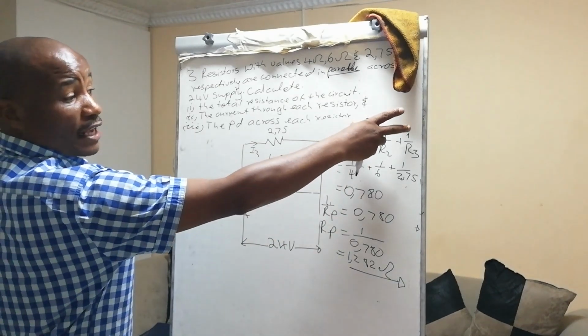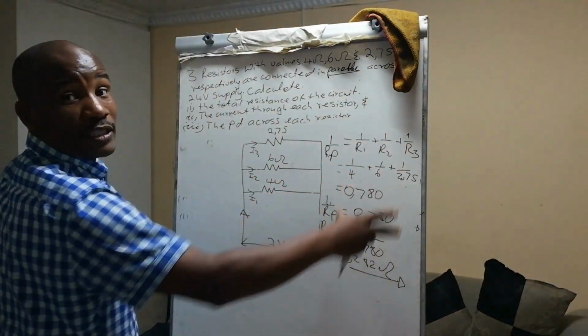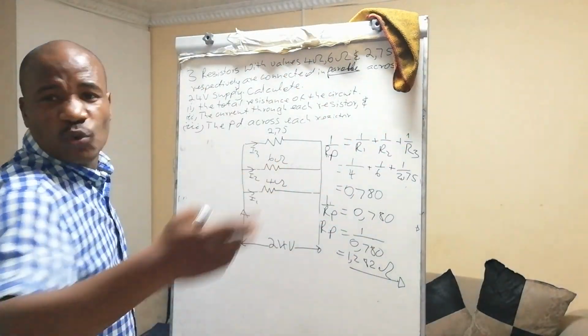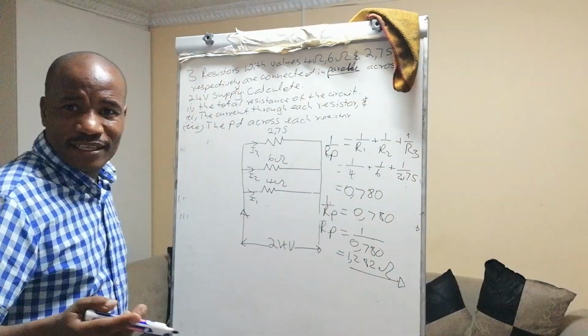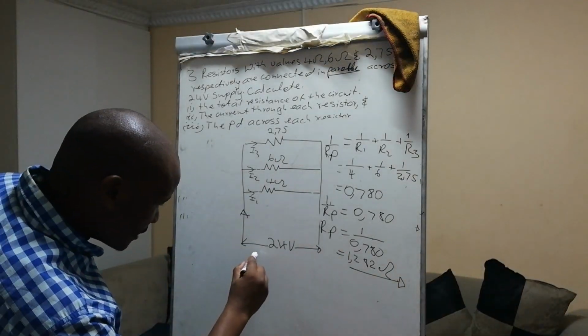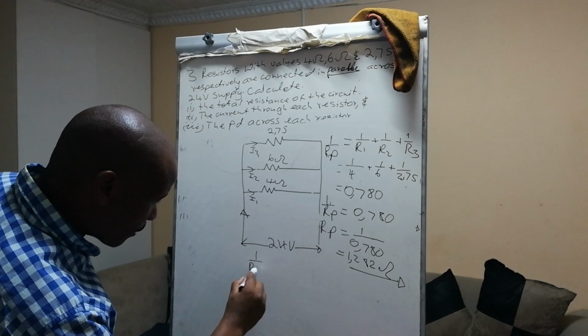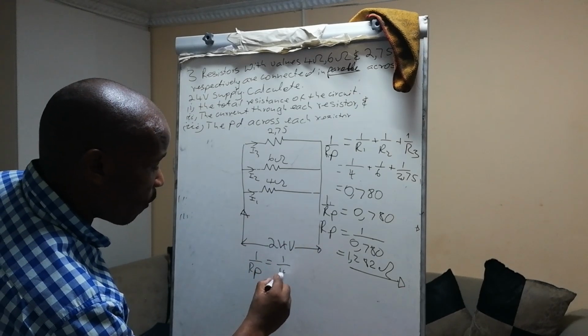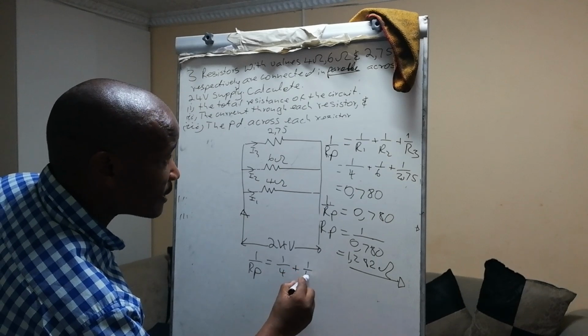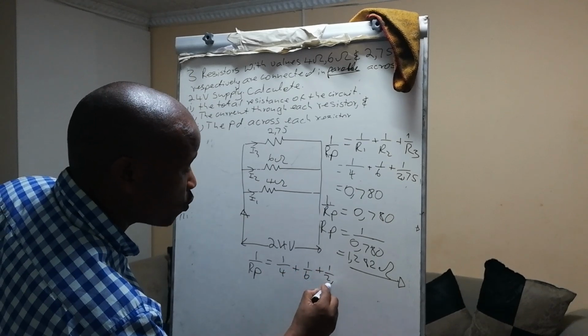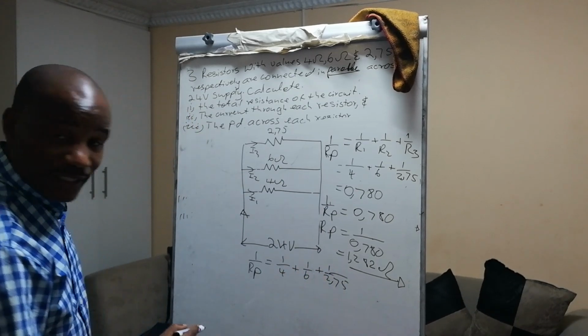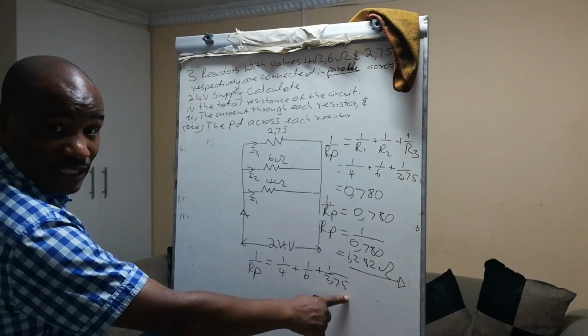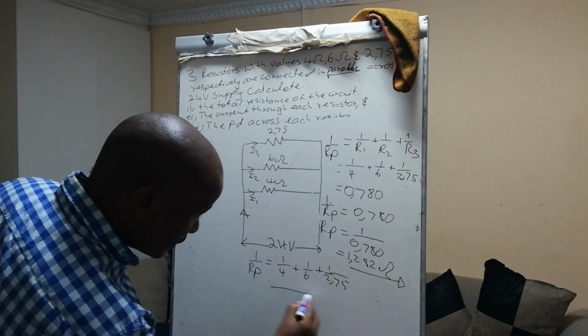But let's say for argument's sake you don't do this in the exam. Let's do it with maths. Let's enjoy maths. 1 over R parallel is equal to 1 over 4 plus 1 over 6 plus 1 over 2,75. What is the LCM of this?